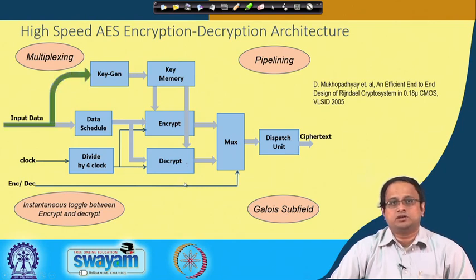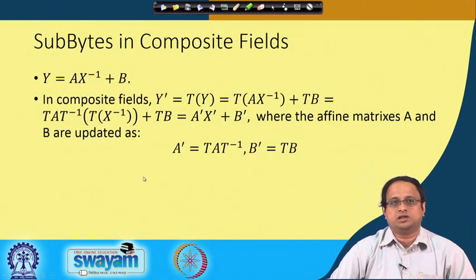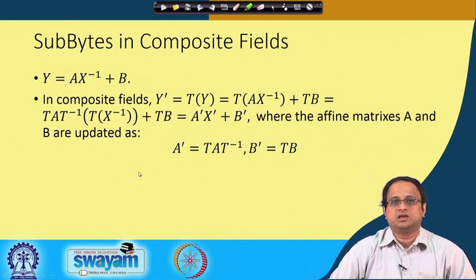So depending upon this, when you are doing encryption, one part of the circuit gets active, but when you are doing decryption, the modes get reversed, because now the input will be a cipher text and the decryption unit should be able to decrypt on the fly and give you the result, which is your plain text. But one important thing, as I mentioned, is that the entire thing now has to be represented in the composite field.